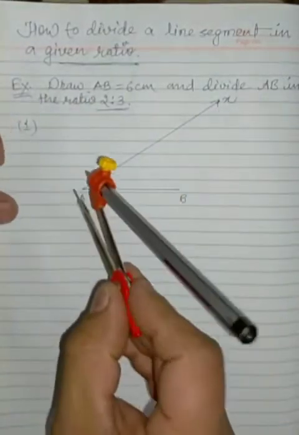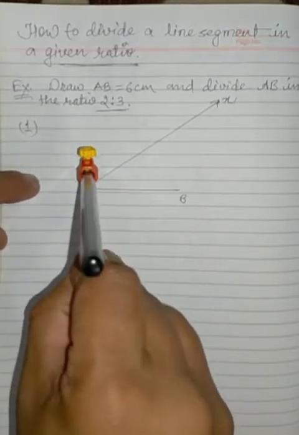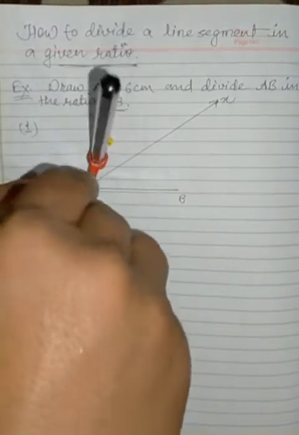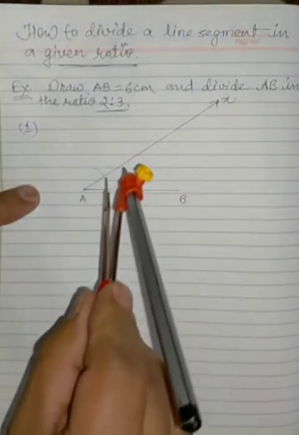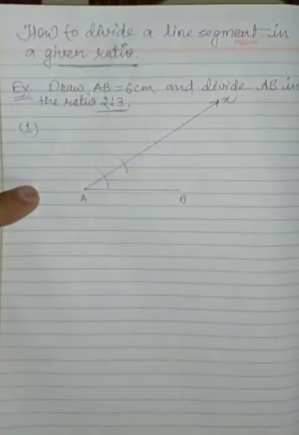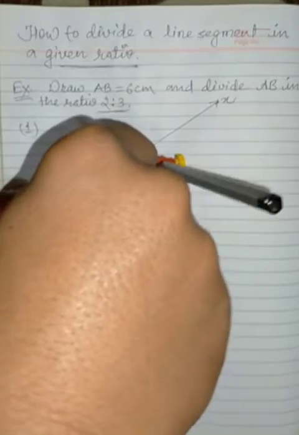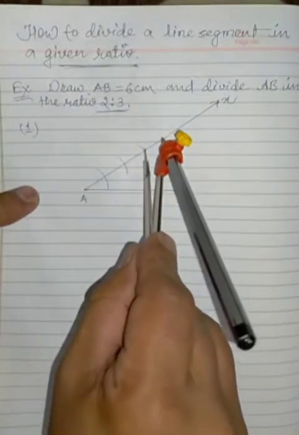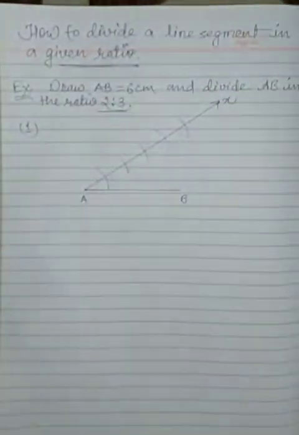Now, starting from the point A, I will draw 5 arcs. This is the first one. Now from this, second one. Now from this, third, fourth, and the fifth one.